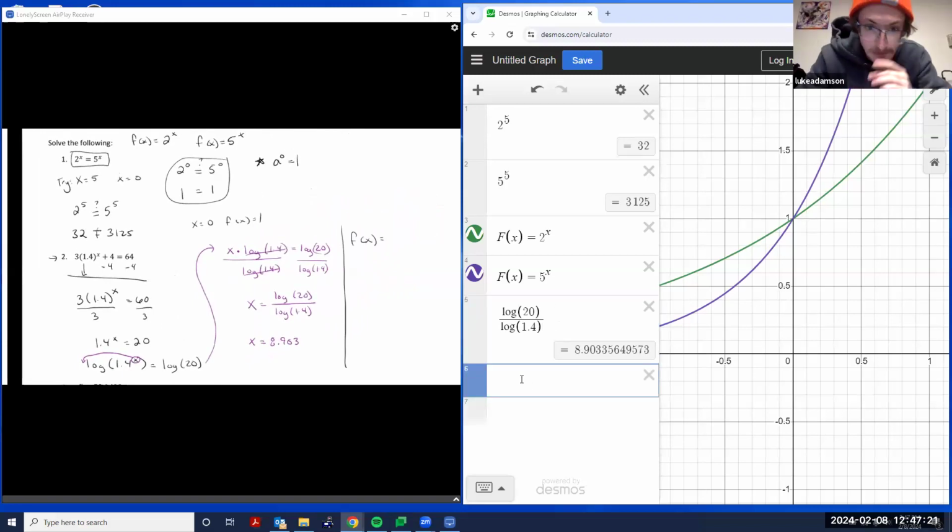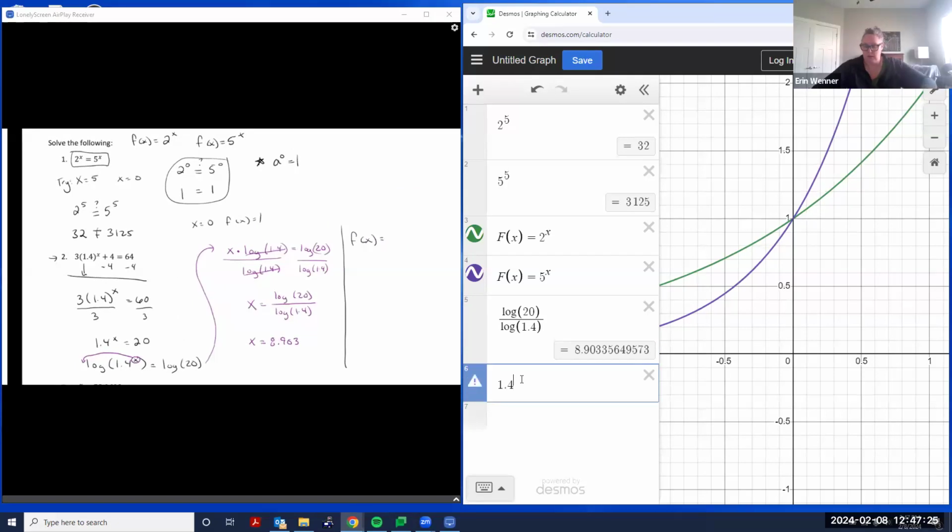Okay. So 1.4 to the 8.903, and we get really, really close. So that is a good way to check that you've got approximately the right value, right? But when you're checking with graphing the two functions, we want to think about one side being one function and the other side being another function, okay?